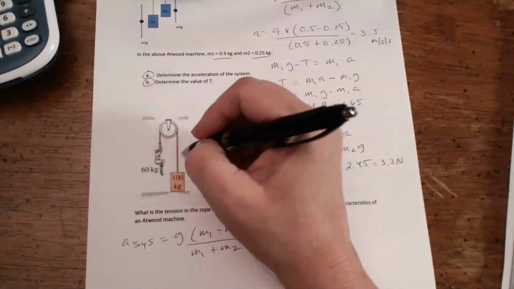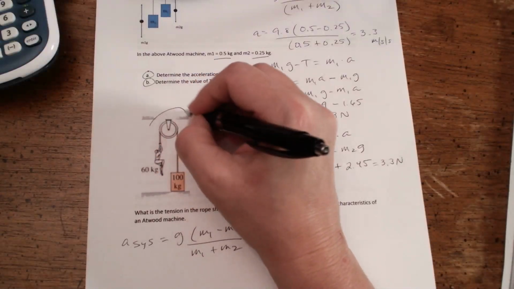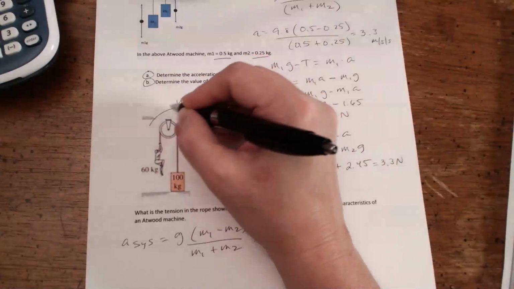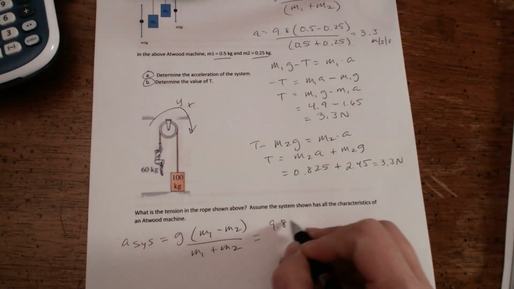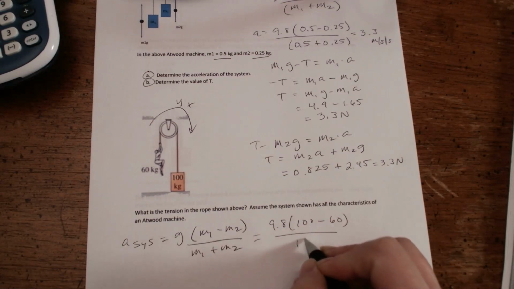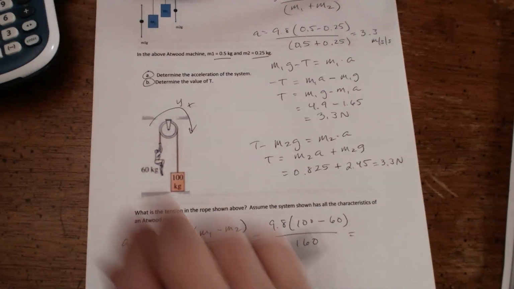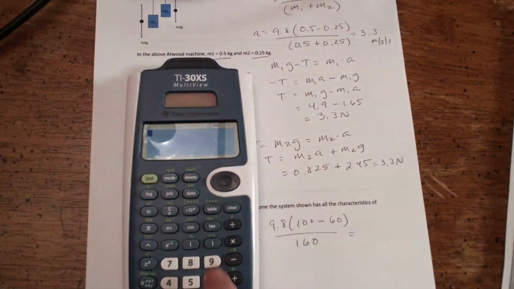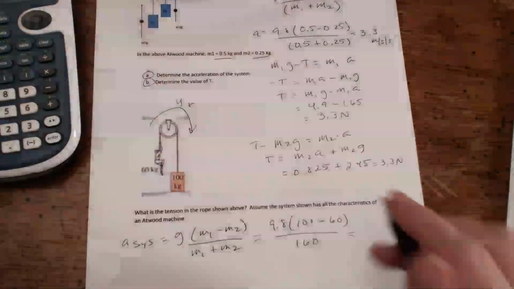This is still going to accelerate this way because this is the heavier mass, so y is positive this way. So we've got 9.8 times 100 minus 60 divided by 160, where I'm just adding those two masses up. That gives 9.8 times 40 divided by 160, which is 2.45 meters per second squared.